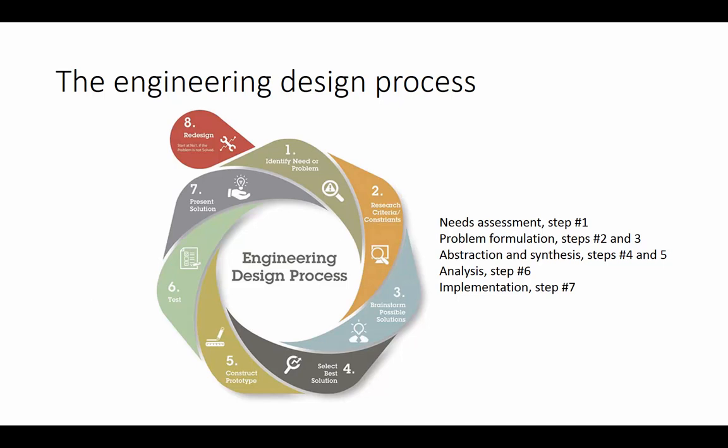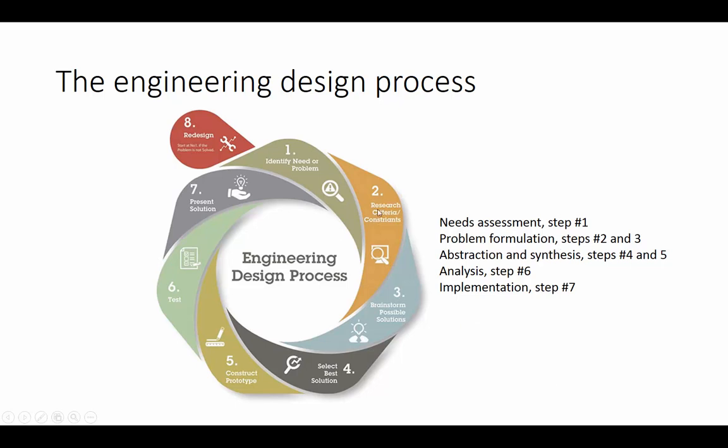And the engineering design process, at least if you pick up an engineering design textbook, you'll see, well, you start off with needs assessment. Well, what's the need? What's the problem, right? And that's step one here in this process. And then you formulate what the problem is based on that need assessment. So you're researching criteria and constraints, and then you're brainstorming possible solutions that might work.